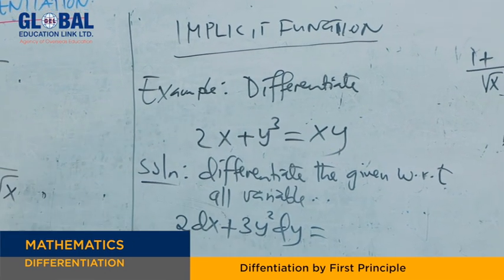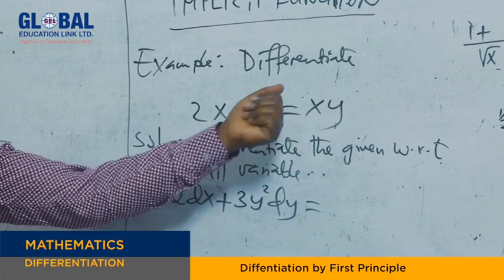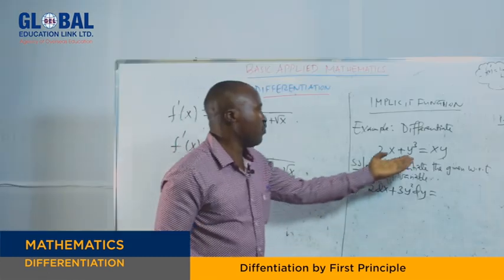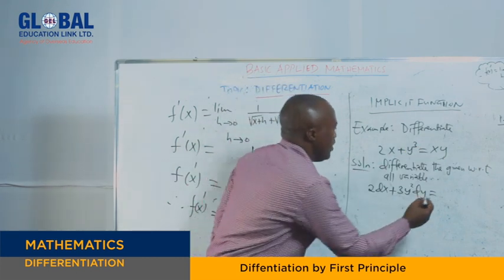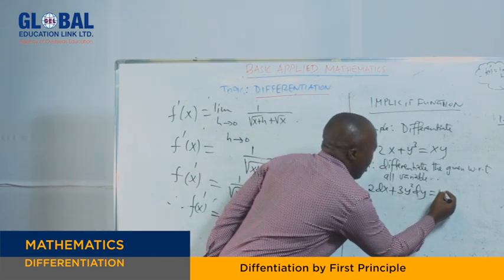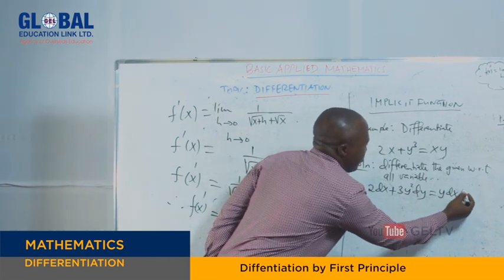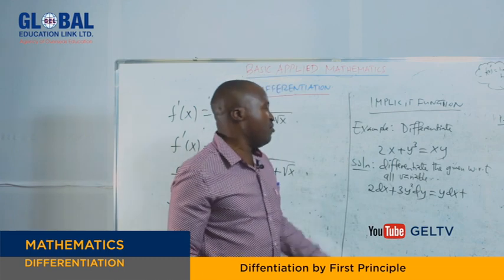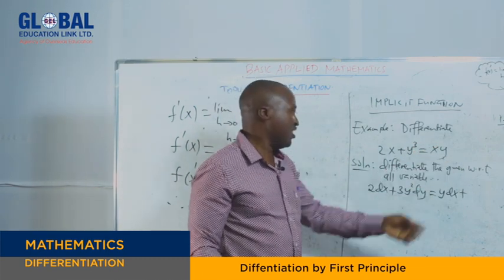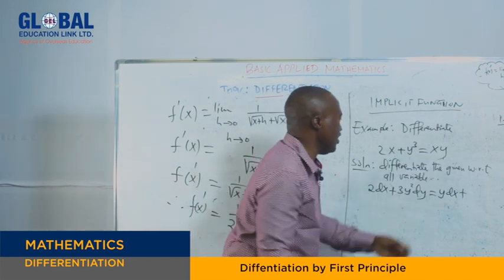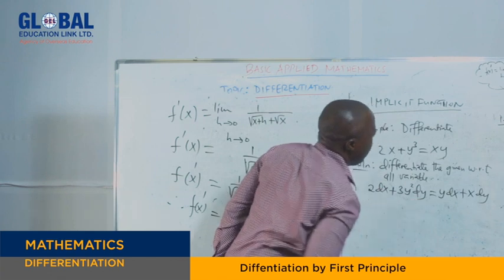So when we differentiate one variable, another variable we keep constant. For example, if we start with differentiating x, we just say that is y dx plus, this time we keep x constant and we differentiate y. So differentiating y, we are going to have x dy. Okay?